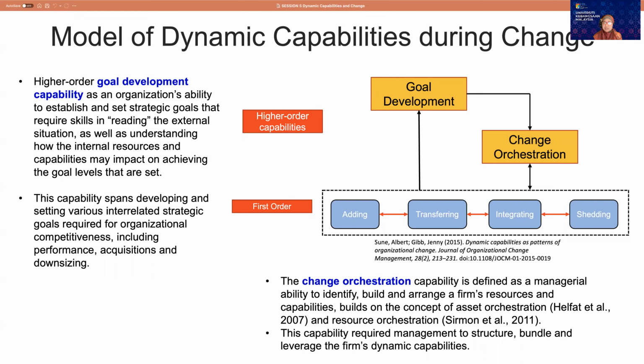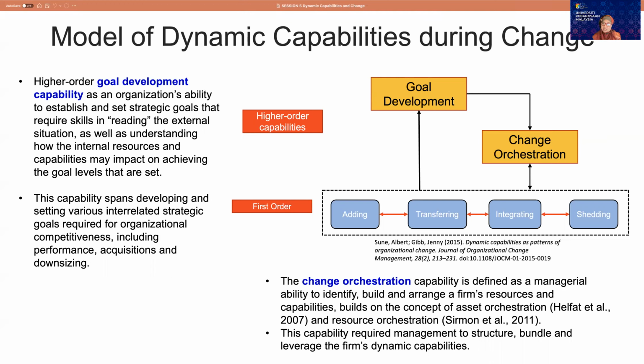Okay, and when you talk about change orchestration capability, this is defined as the managerial ability to identify, build, and arrange a firm's resources and capabilities, built on the concept of asset orchestration and resource orchestration.